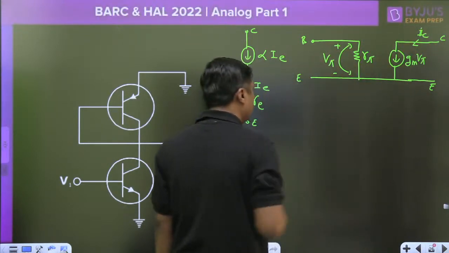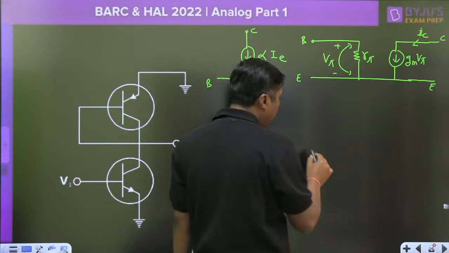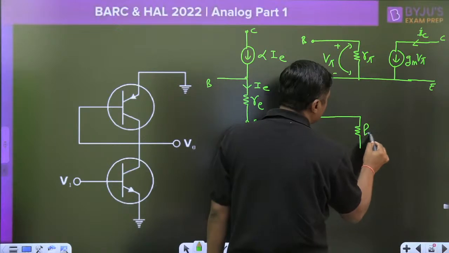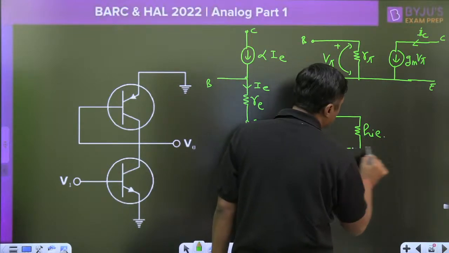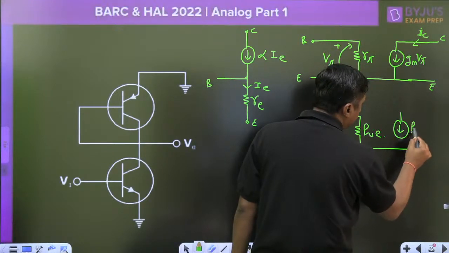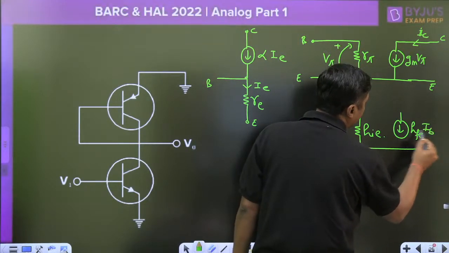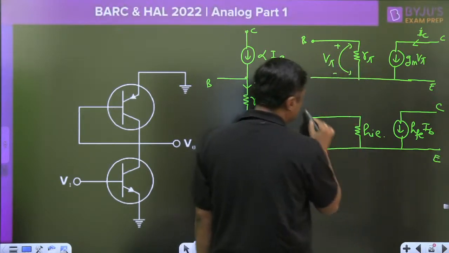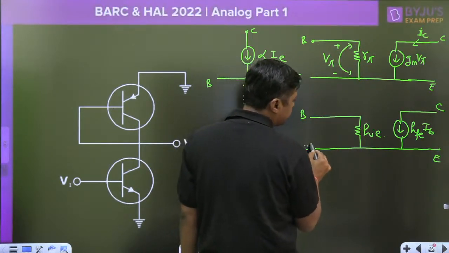Third model, normally we are comfortable with the hybrid model. Now it is not in the syllabus of GATE, but yes, you can use it. HFE into IB, the hybrid parameter approximated model. This is the collector, this is the emitter, this is the base, and that is the emitter.